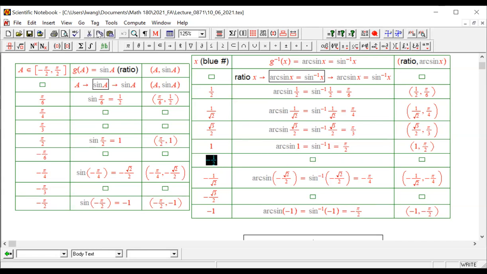Okay, so the next one. I'm asking you to write it the way I do to get familiar with both forms. And I'm going to point out some mistakes, and these mistakes are very common.